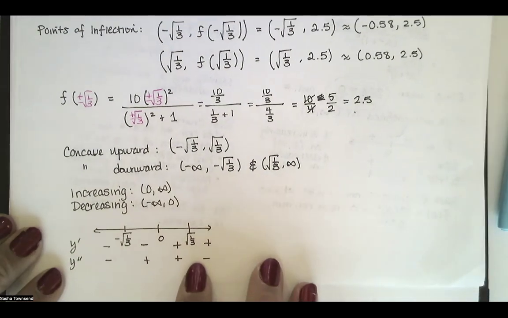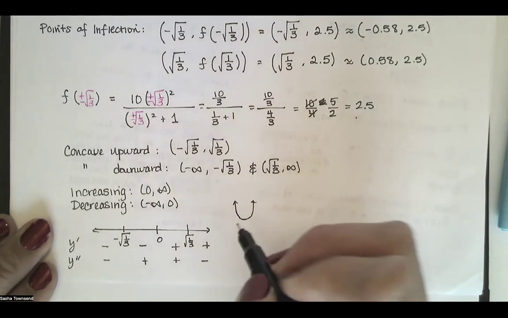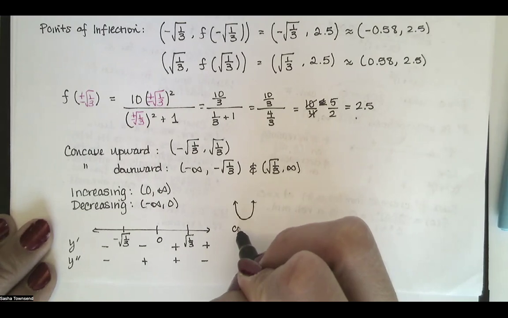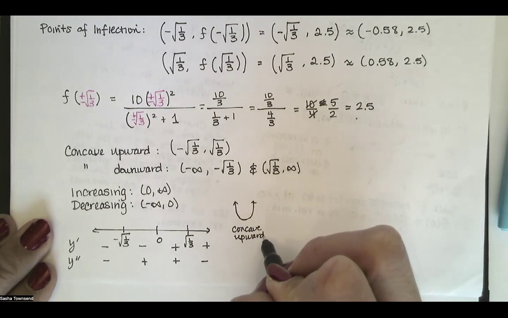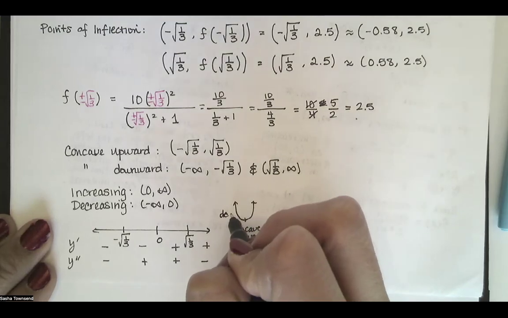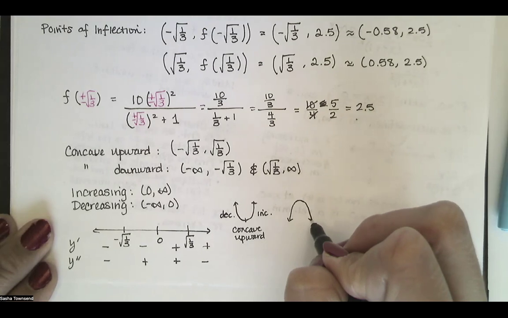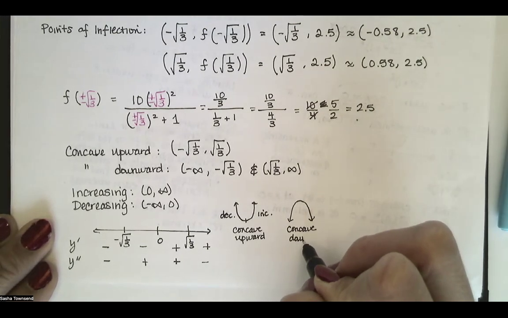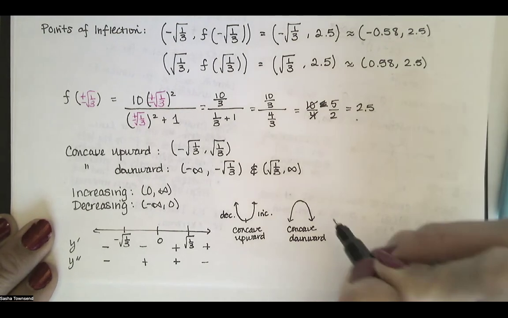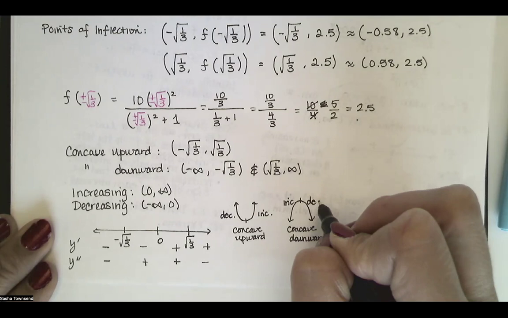Now with those pieces of information, and then these 2 graphs, here is a graph that's concave upward, and then it's decreasing on the left and increasing on the right. And then we've got concave downward here, and it's increasing on the left and decreasing on the right.